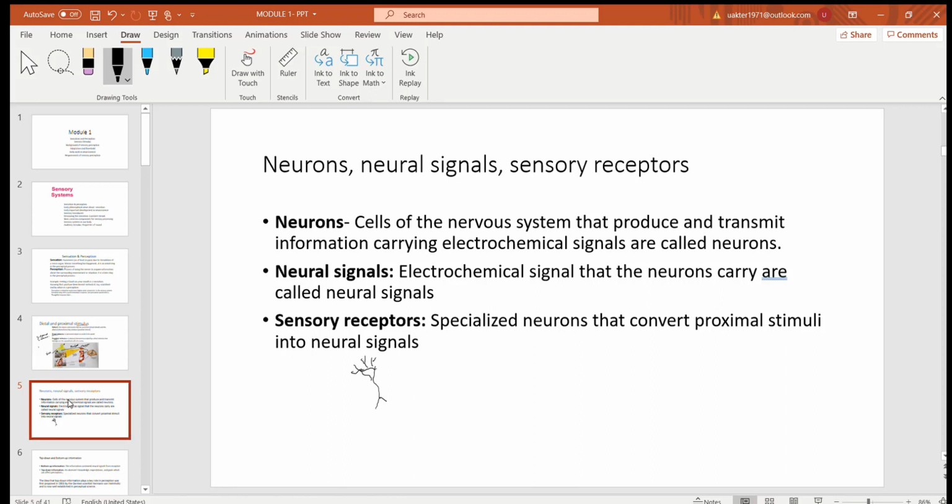So this is one neuron, and this is the cell body, and a neuron has processes. These short processes are called dendrites. Dendrites are usually multiple and short, and they have branches. And from the other side of the cell body, this long single one is called the axon. Okay, and these are the axon terminals.